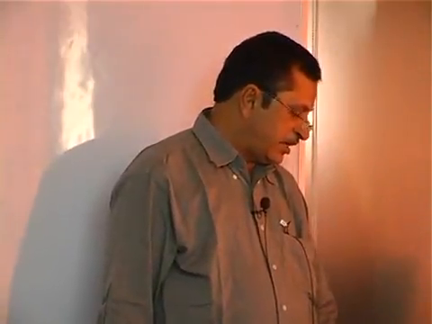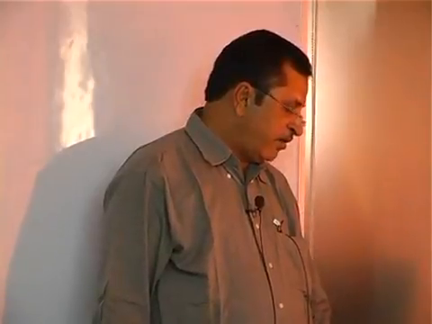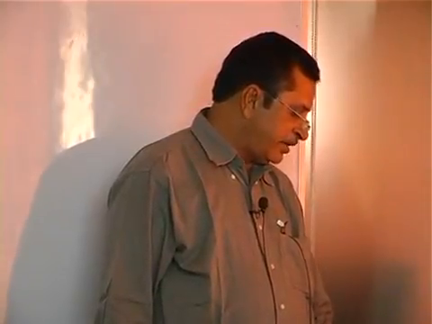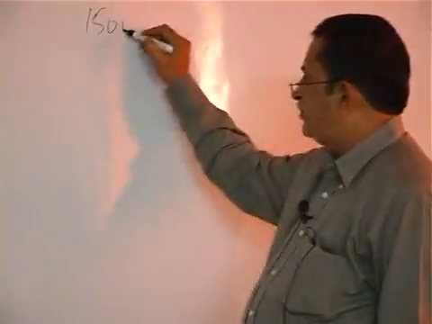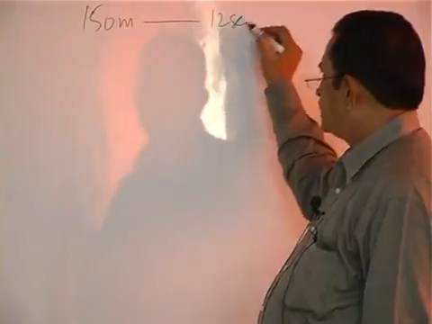In what time will it pass a bridge 350 meters long? You can put it in a general way. A train is crossing a telegraph pole means it is crossing its own length. So 150 meters if it were to cross, it takes 12 seconds.